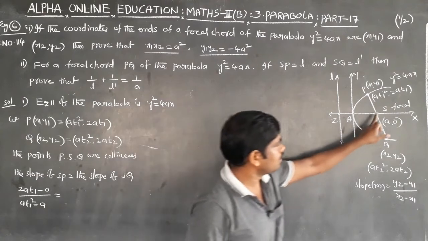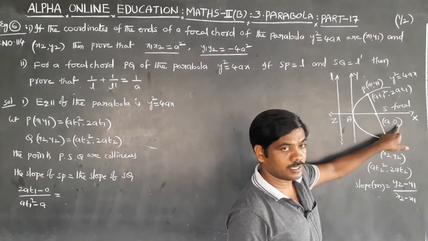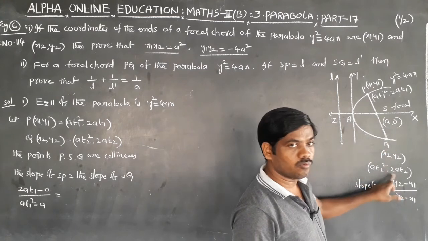Again, the slope of SQ. Let S be (x1, y1), Q be (x2, y2).